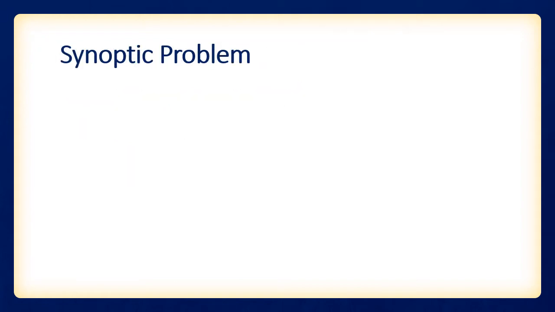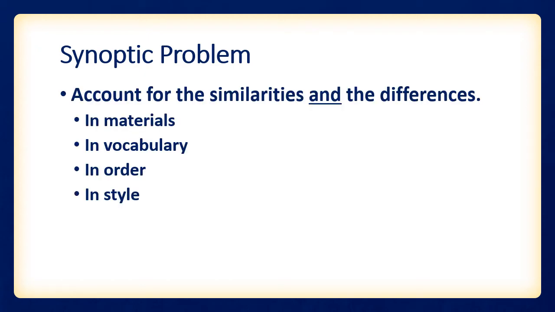But when we look at this, there are really a couple of issues that are worth trying to understand. And we lump this under a big heading called the synoptic problem. The synoptic problem is trying to account for the similarities and for the differences in materials, in other words, the stories that they choose to tell, in vocabulary, when they're telling the same story, why do they sometimes use the same words?